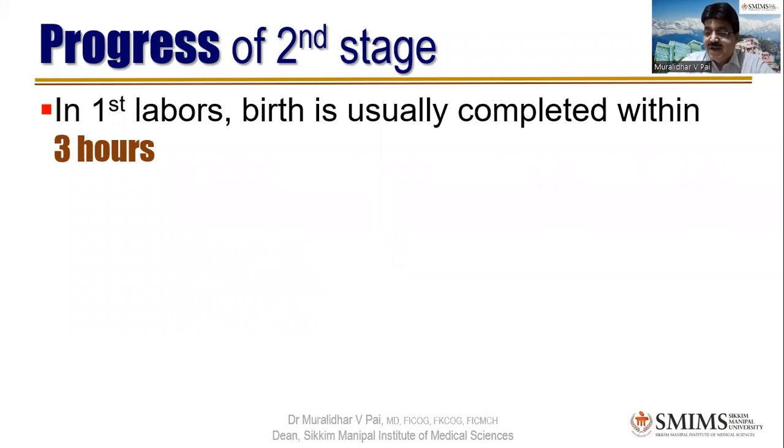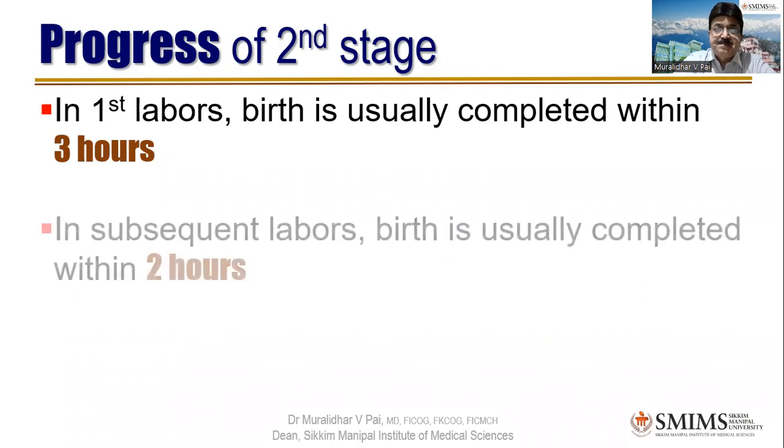But again, the disclaimer is that provided there is no fetal distress, there is no maternal distress, there are no incoordinate uterine contractions, there are no signs of any obstructed labor. All these things go without telling. If everything is normal, only then can you wait for 3 hours. I want to tell it again and again.